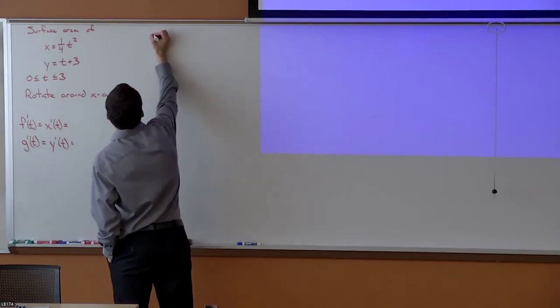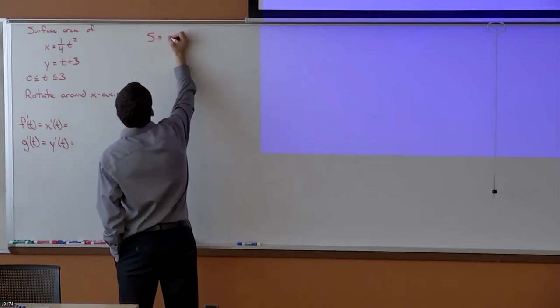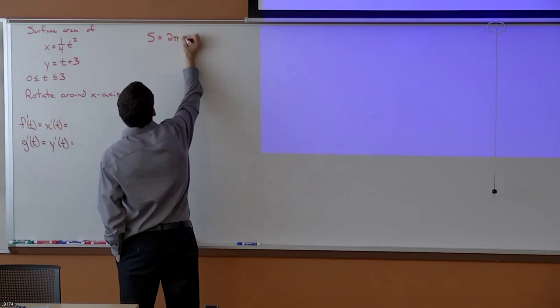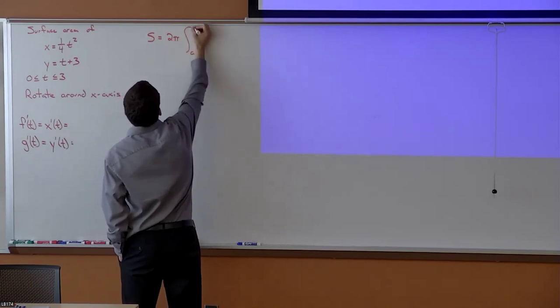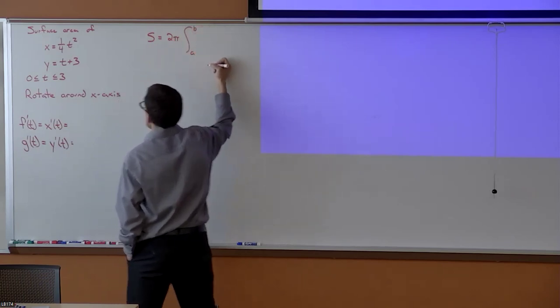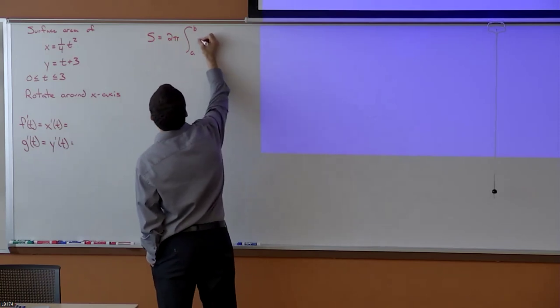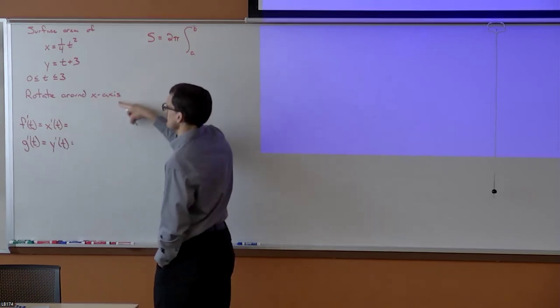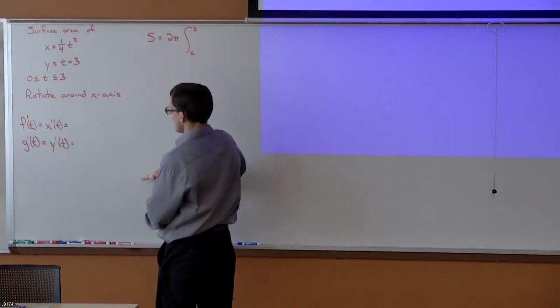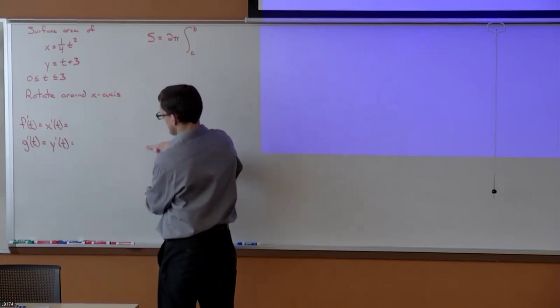So the surface area formula is 2 pi, integrate from a to b. Those a and b are t values. Since we're rotating around the x-axis, I'm going to go from the x-axis up to my curve. That's a y value.